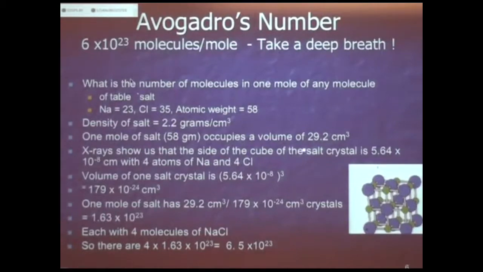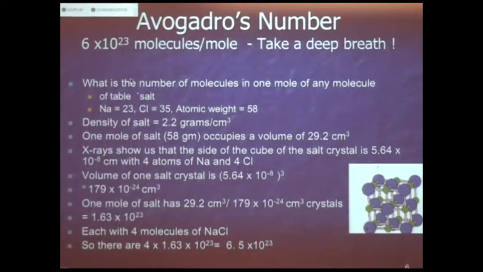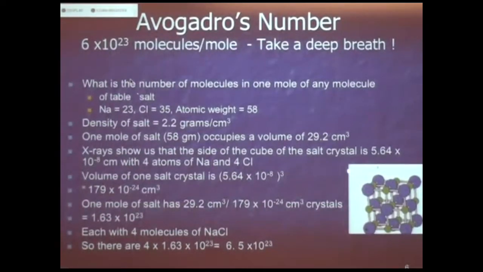All right. Now, X-rays show us the structure. And they show us further that the side of this cube, the smallest cube, is 5.64 times 10 to the minus 8 centimeters with 4 atoms of sodium and 4 atoms of chlorine in there. Okay? So 4 units of sodium chloride in 1 unit cell. So then I can figure out the volume of 1 unit cell from this X-ray picture, that the volume would be the cube of this number because it's a cube.